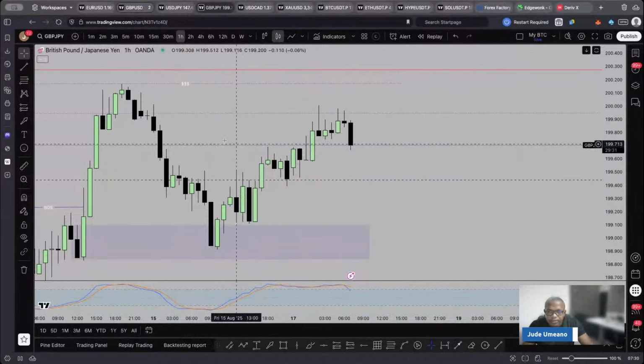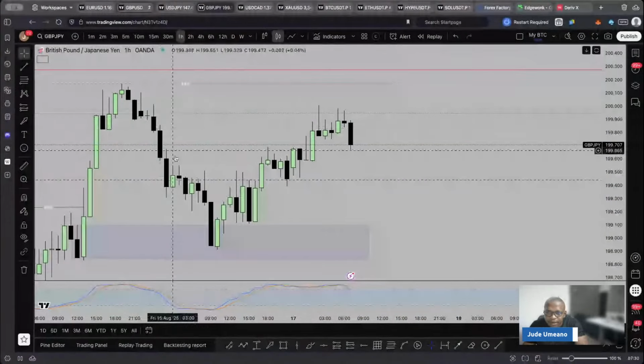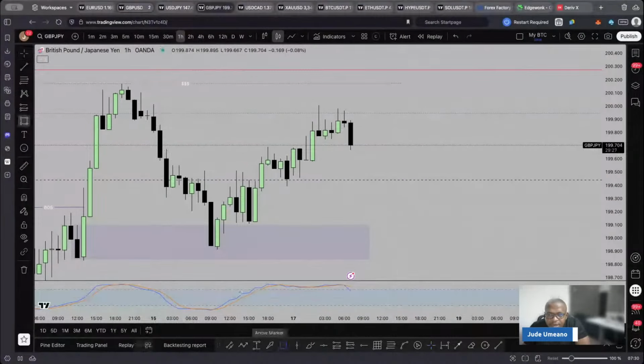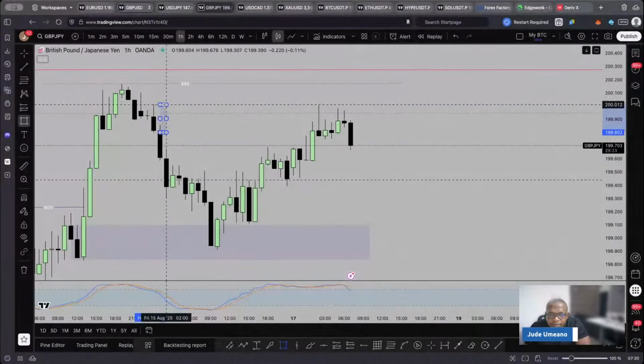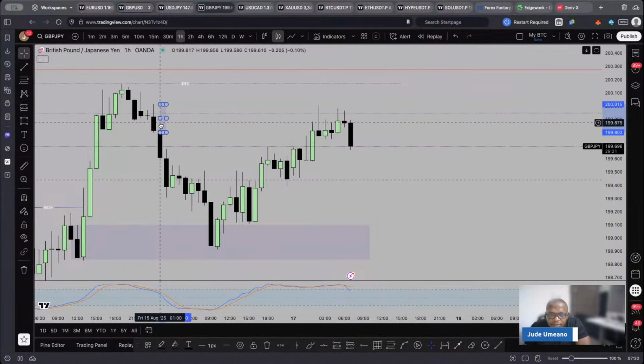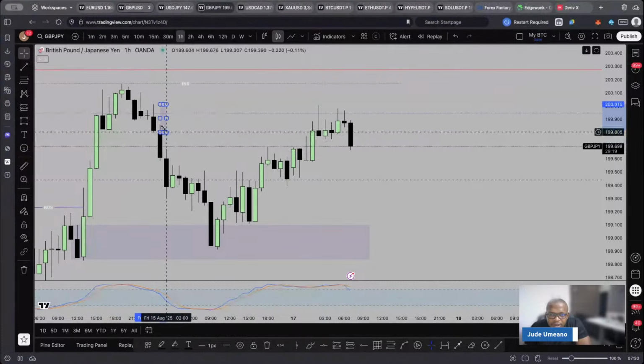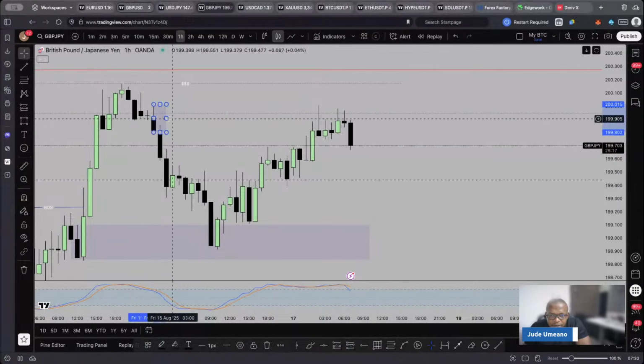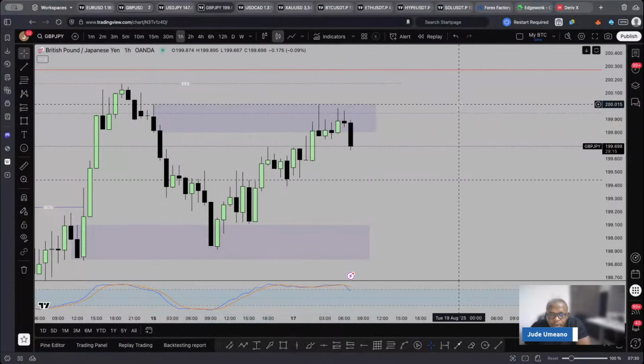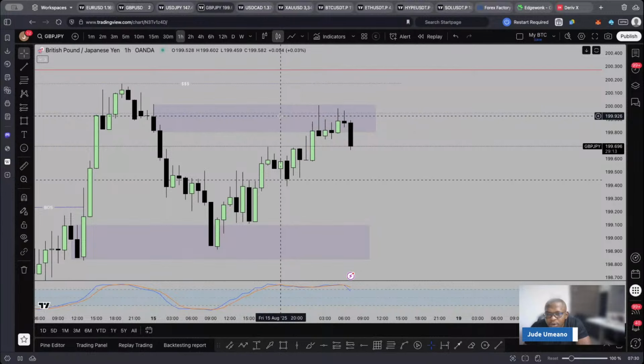If that is the inefficiency, then this zone, from here to this candle before the fair value gap, will be what we call resistance. That is your supply zone.